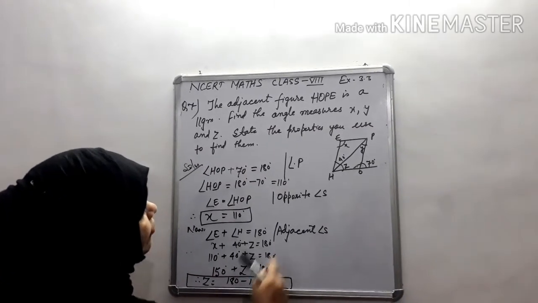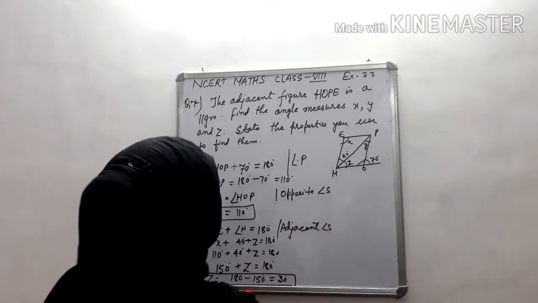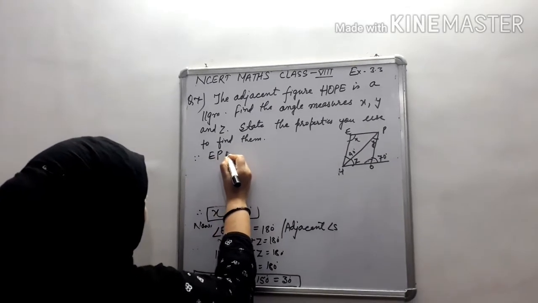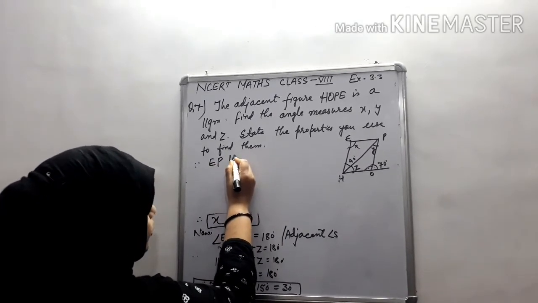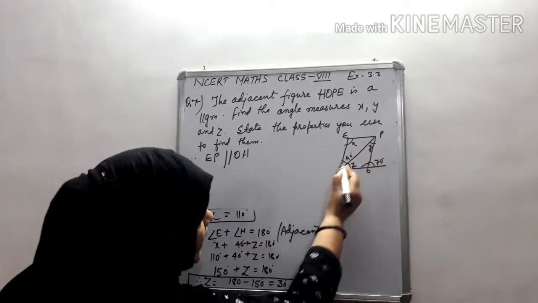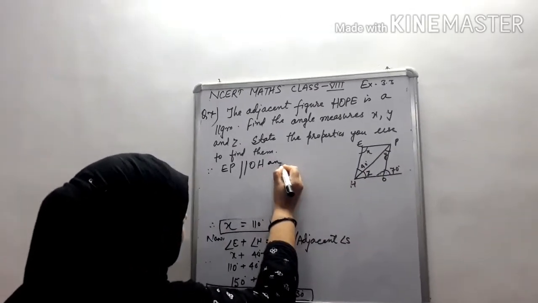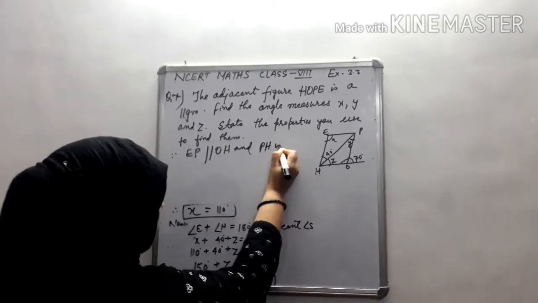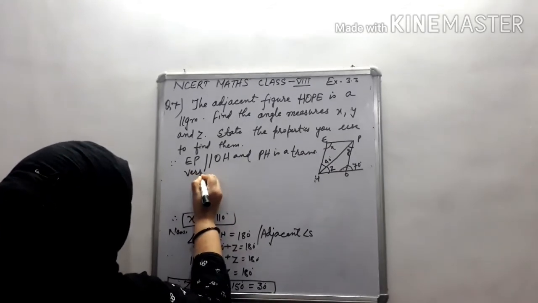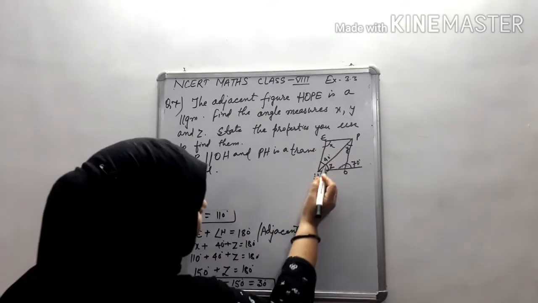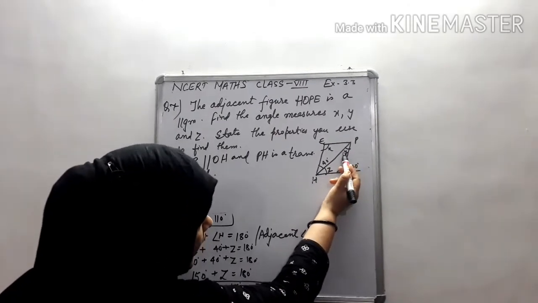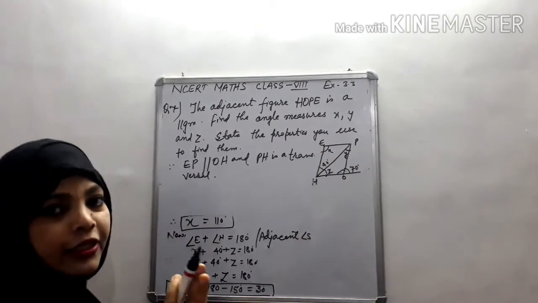Now we have to find the value of Y. Just look here. Since EP is parallel to OH, and PH is a transversal, this angle EHP is equal to angle Y. How? Alternate interior angles.